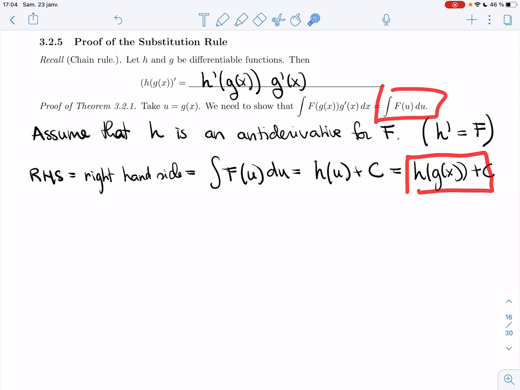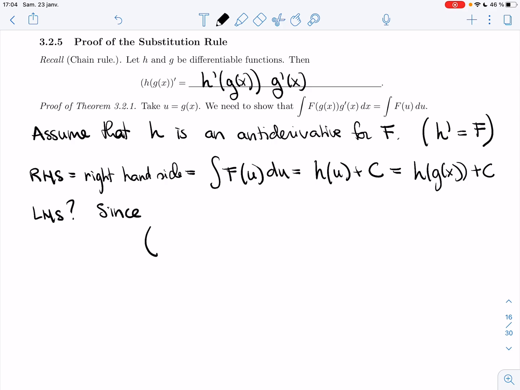I need to prove that the left-hand side is the same. So I need to make sure that this right here is an antiderivative for this huge thing. So let me take this derivative. If you notice, that's exactly what we had above right here.